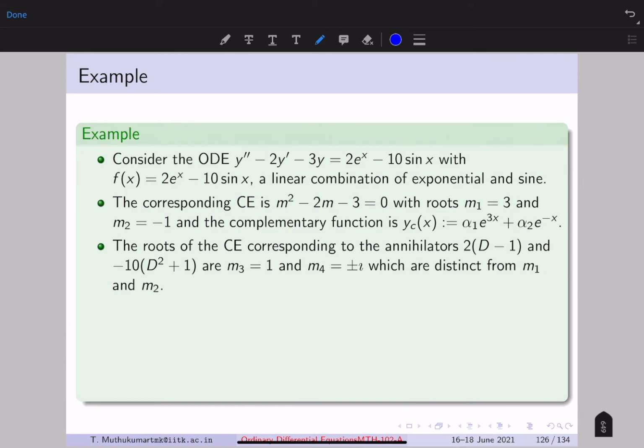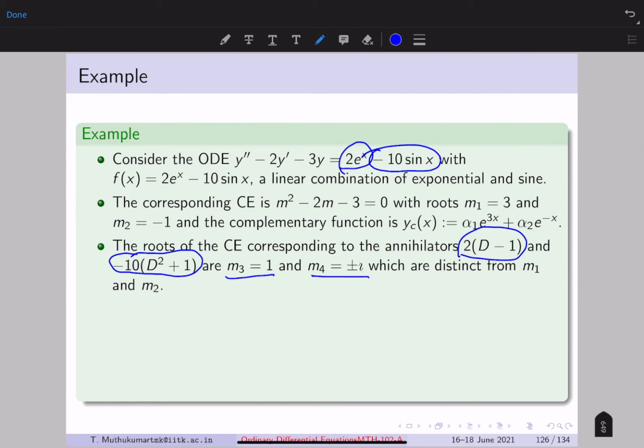Now the roots of the complementary equation are 3 and minus 1, whereas the annihilator of 2 e power x is D minus 1, and the annihilator of minus 10 sine x is D squared plus 1. This will give you one root, which is m3 equal to 1, and this will give you a pair of complex roots, which is plus or minus i.